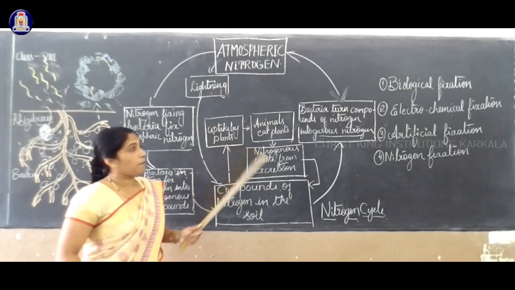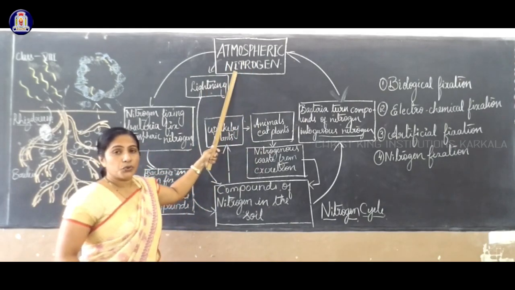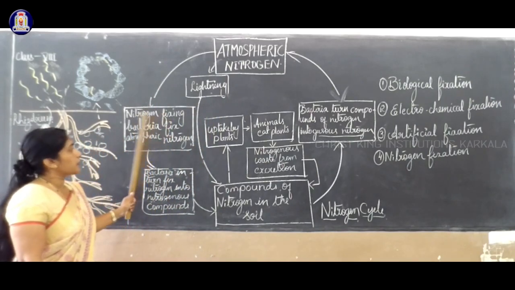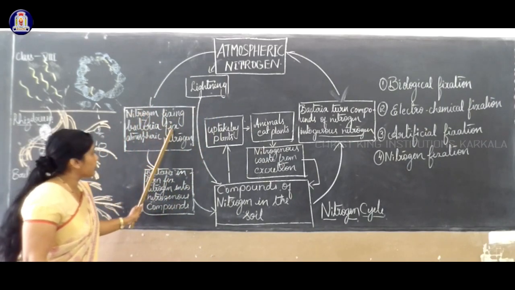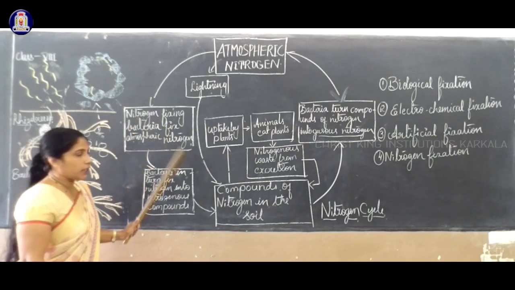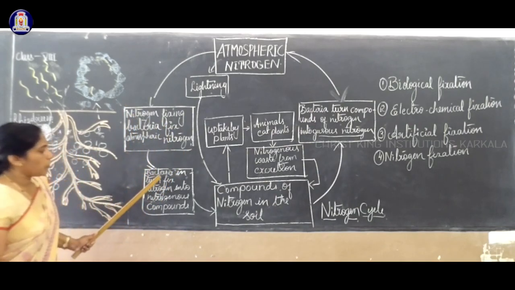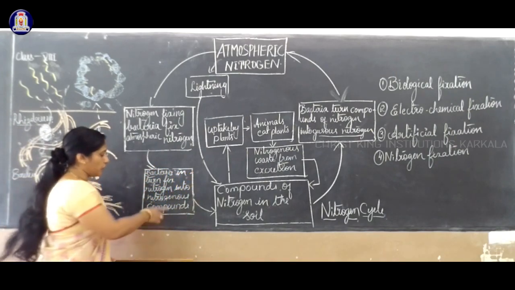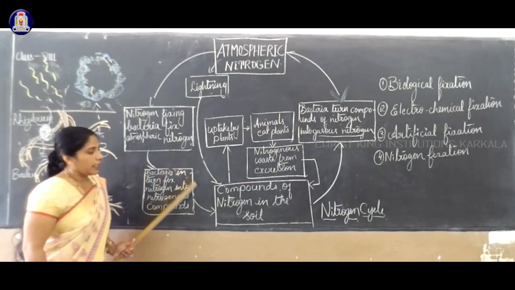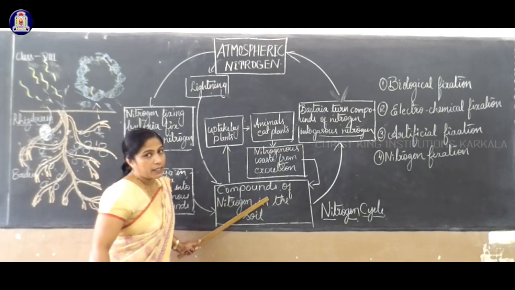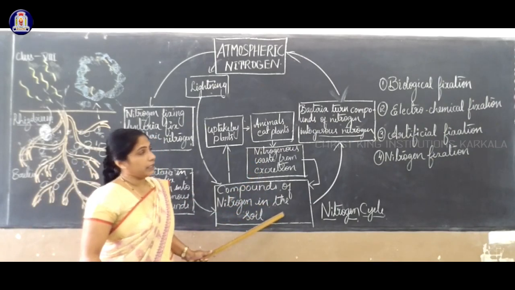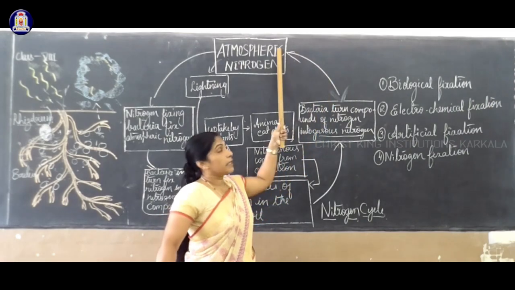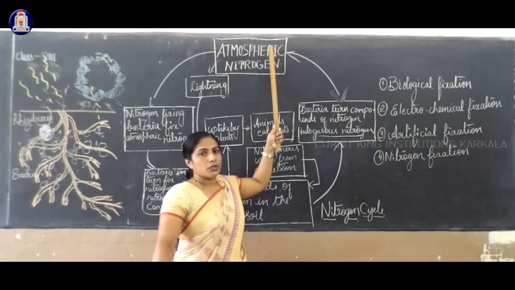I repeat the steps. Atmospheric nitrogen in the atmosphere will be absorbed by nitrogen fixing bacteria, which then in turn convert it into a nitrogenous compound, now present in the soil. Again, a few bacteria will convert this into a gaseous form, and it will be released to the atmosphere. So this is the process.